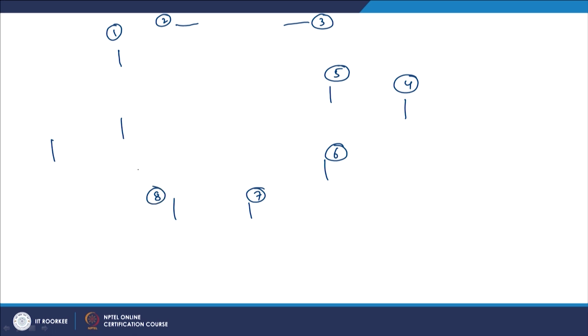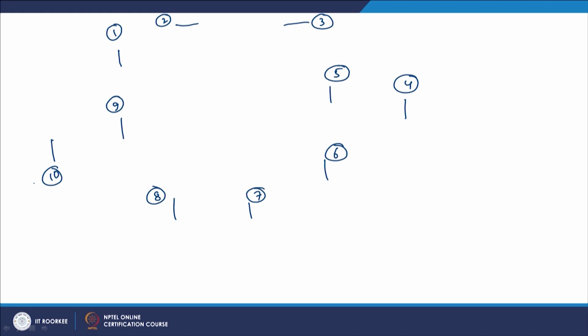Now, to appreciate this, let us consider a system. I am taking just a very arbitrary system, say 1 2 3 4 5 6 7 8, say 9 and 10. So, let us say this is a 10 bus system. It is just an example.